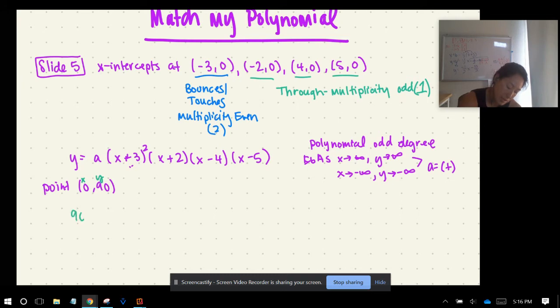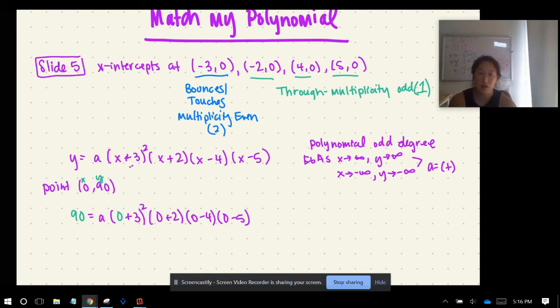So I have 90 is equal to a times (0 plus 3) times (0 plus 2) times (0 minus 4) times (0 minus 5). And make sure I square the factor of (0 plus 3).